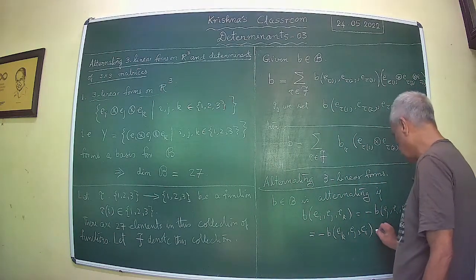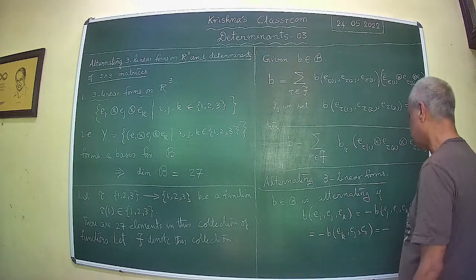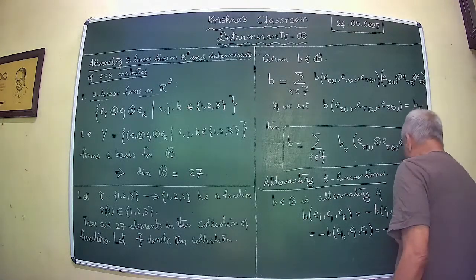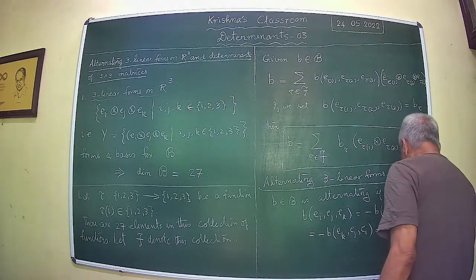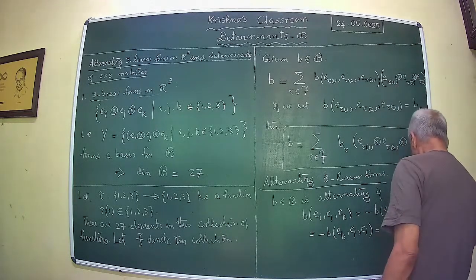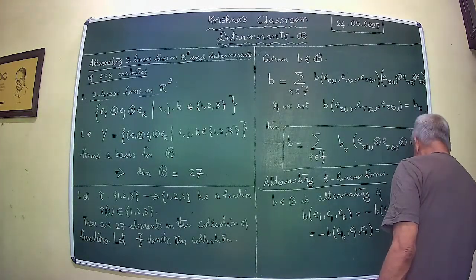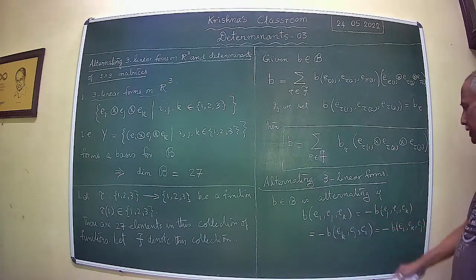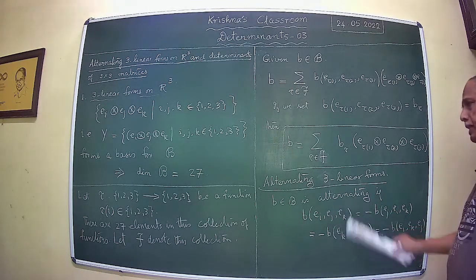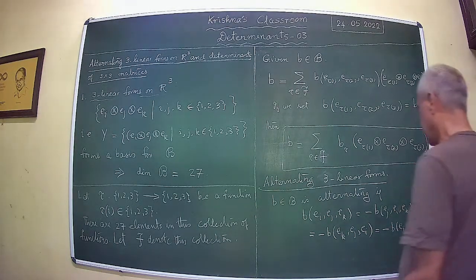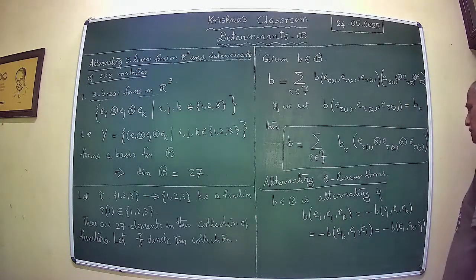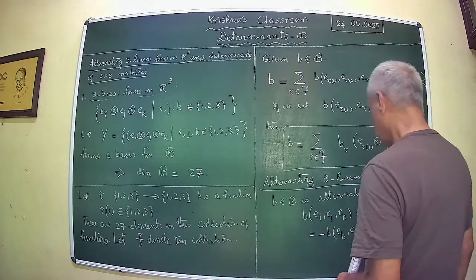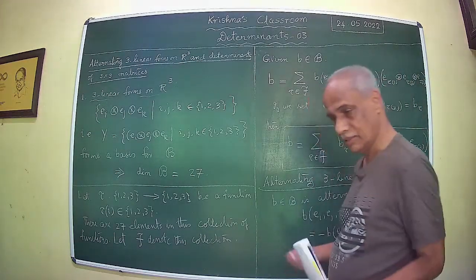Now this is also equal to minus of B of Ek, Ej, Ei. Okay, so we have interchanged this pair and this pair. Then these are the properties that it should satisfy. Or more generally we should write this, since this is not the definition.